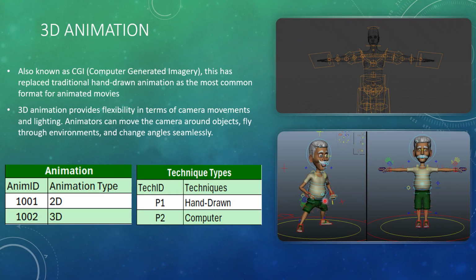Inside each model, you have somewhat of a skeleton that you control with controllers that help you manipulate the character into position. 3D is also known as CGI, and for the most part it has kind of replaced hand-drawn animation because it's more cost efficient.